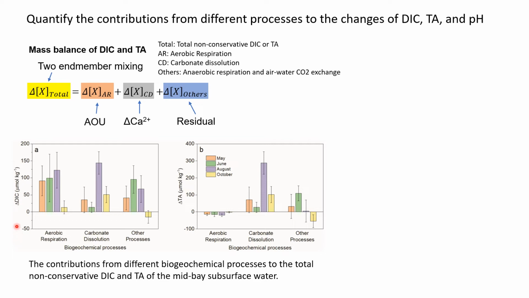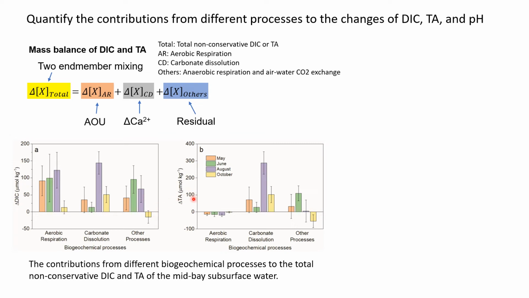For DIC changes, the contribution from aerobic respiration increased from May to August and decreased in October. Carbonate dissolution is minor in May and June, but becomes substantial in August and decreased in October. Others increased from May to June, then decreased afterwards.